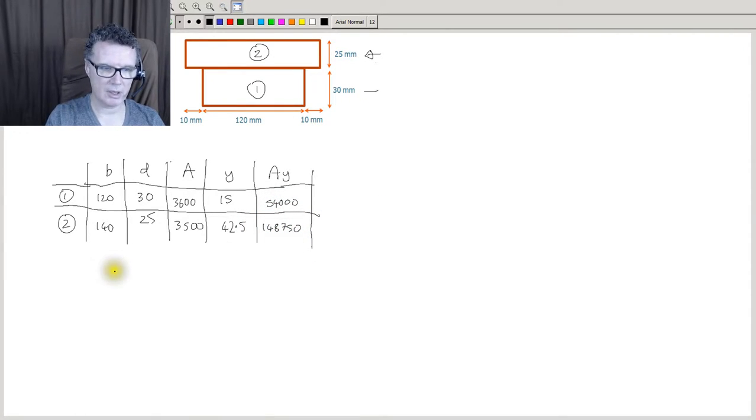Okay, dokie, and now we will work out where the neutral axis is. Sum of AY's divided by sum of A's. So the sum of AY's is that much.